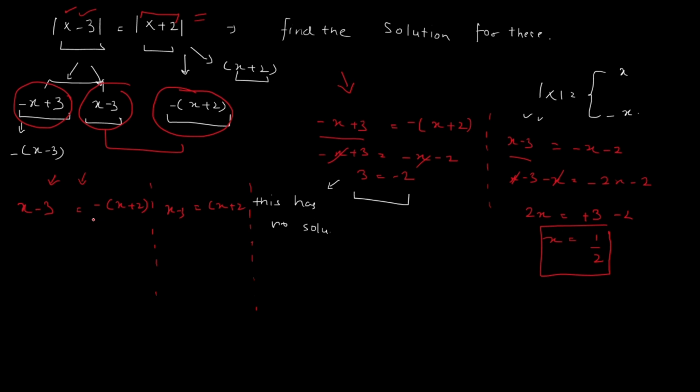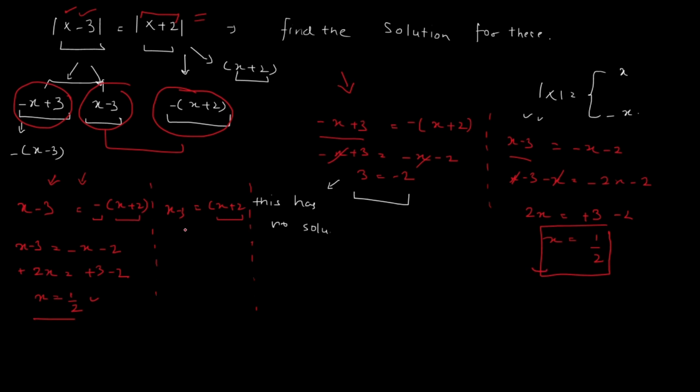That is why I have minus of x plus 2 and x plus 2. When simplifying, we will get 2x equals 3 minus 2, this will be positive, so x gives 1 by 2, the same value as this one.